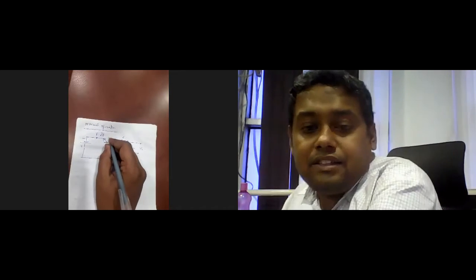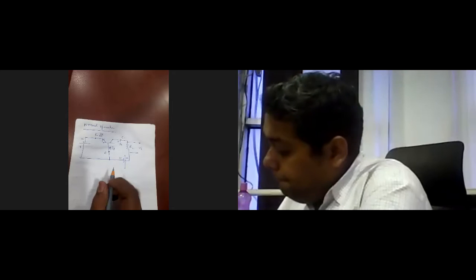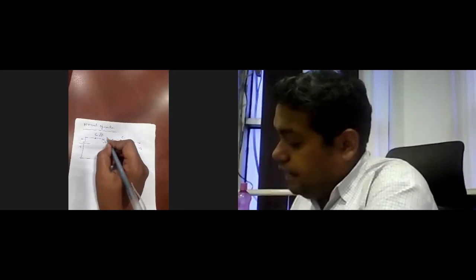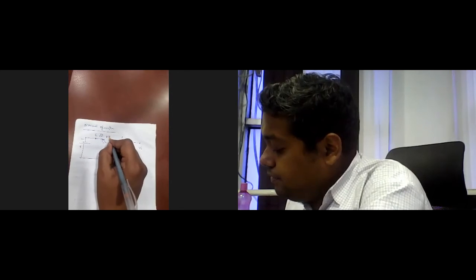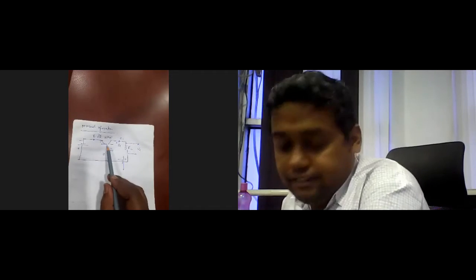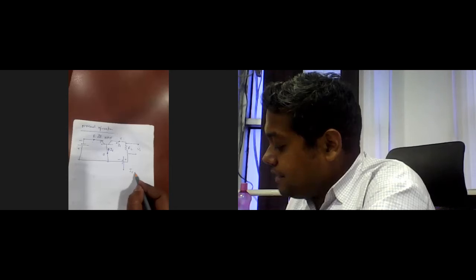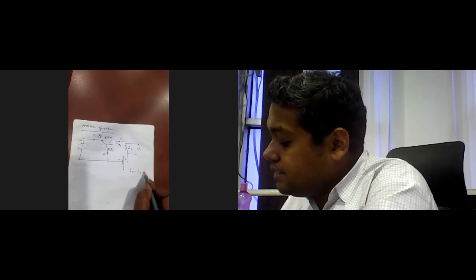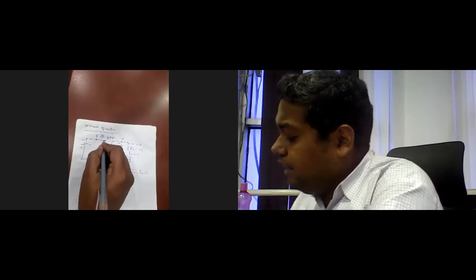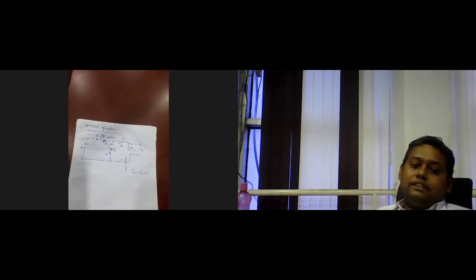Which type of transistor is this one? NPN, right? NPN transistor. The respective currents are IB, IC, and IE. So here for the NPN type, IE equals IB plus IC. This arrow means the direction of the current at a particular junction.